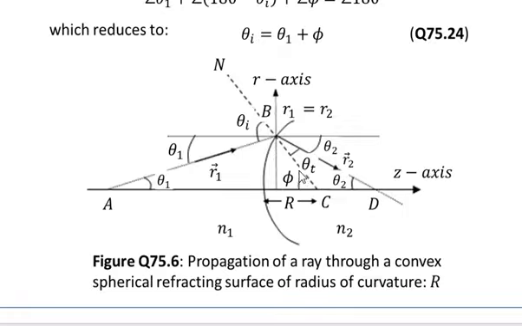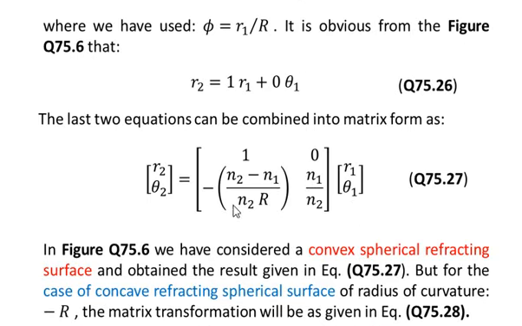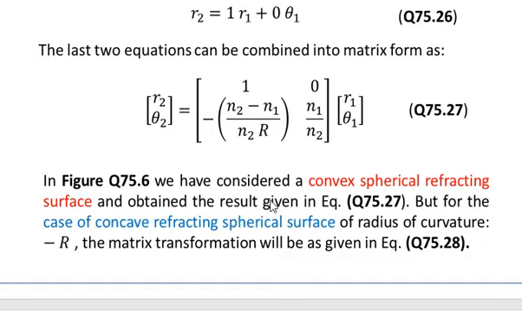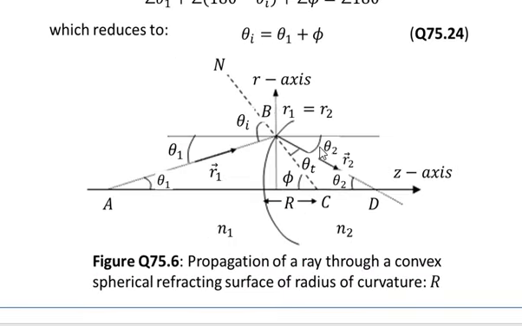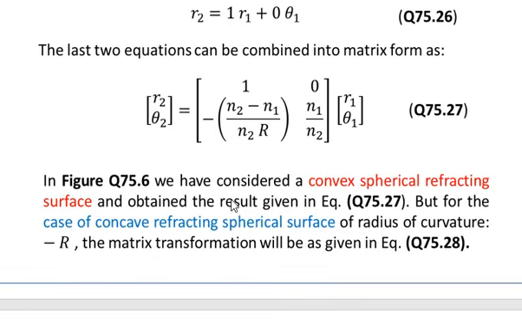This is a refracting surface on which the light is incident and then passes on to the right side of the surface. So for this geometry we have shown that this is the relationship. In this figure we have considered a convex spherical refracting surface and obtained the result given in equation number 27.